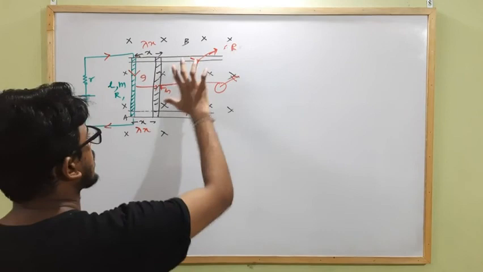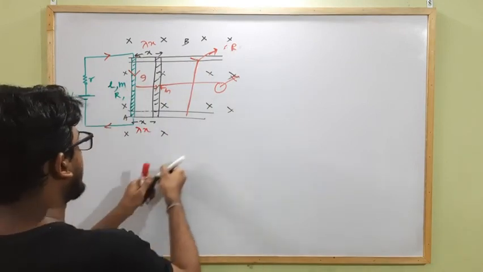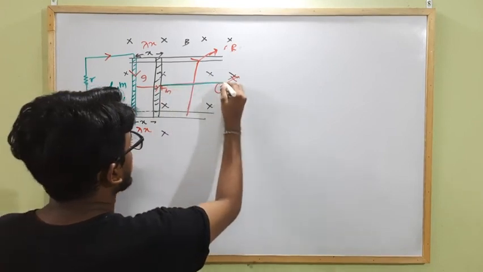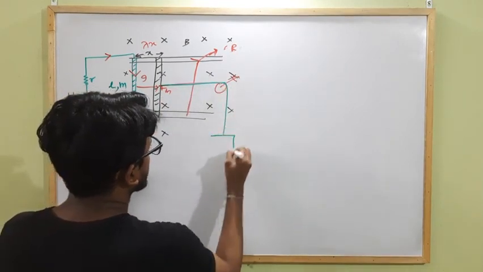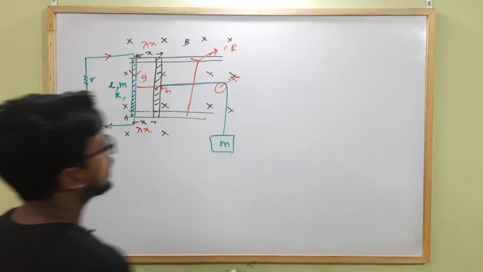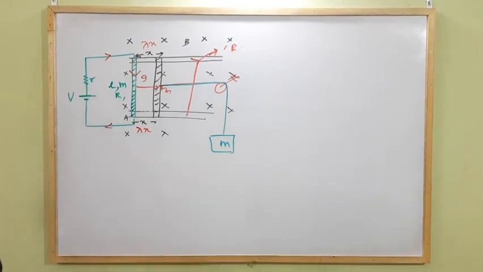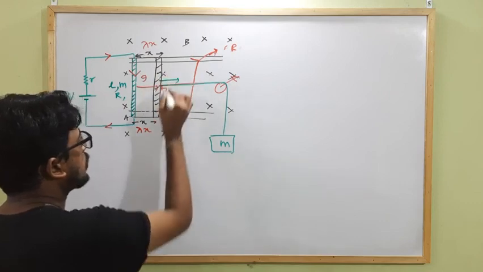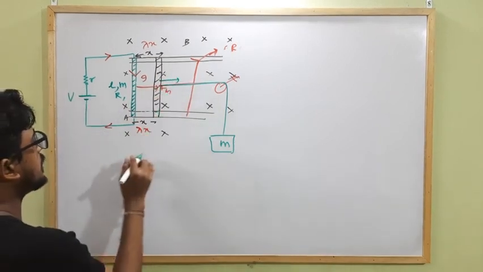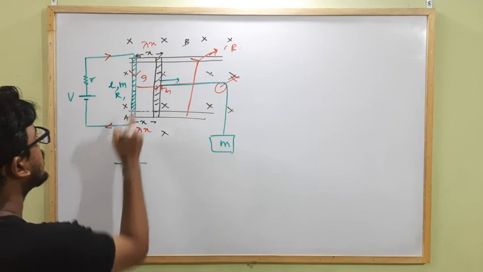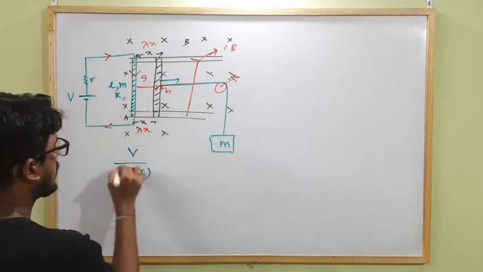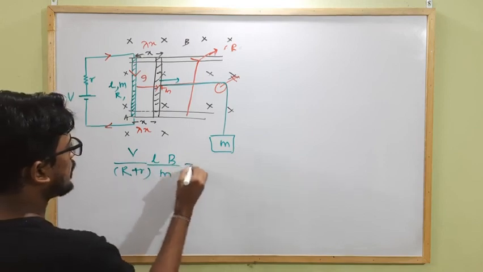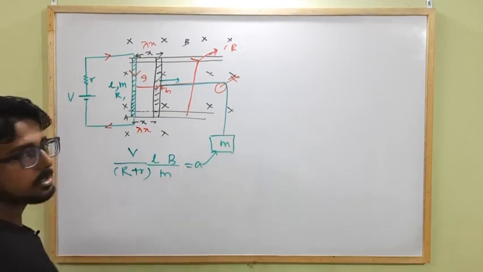If there is no resistance of this rail, the system is same and the current carrying rod is connected through a string over a pulley to a mass m. Find out the acceleration of this mass. Same as here is a pulley, the rod is moving along this direction. The force experienced by it at any instant will be V divided by R plus R into L into B divided by M is the acceleration, which is same as the acceleration of the mass.